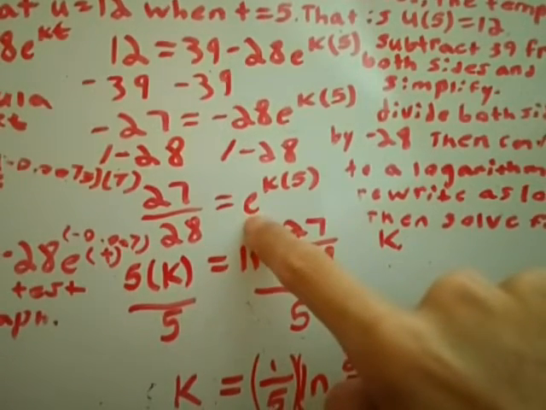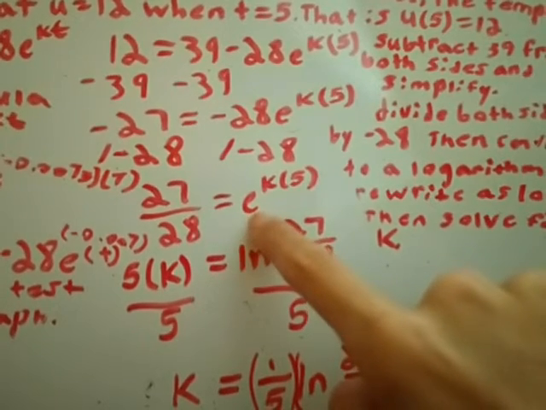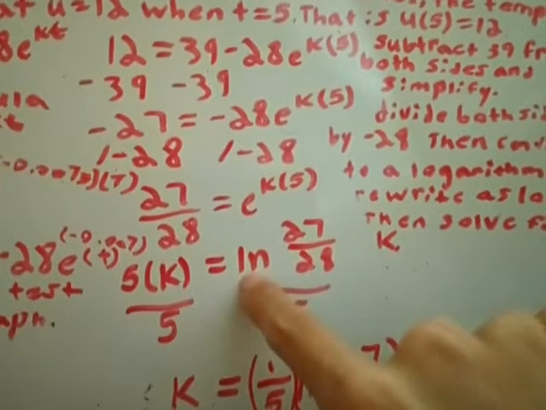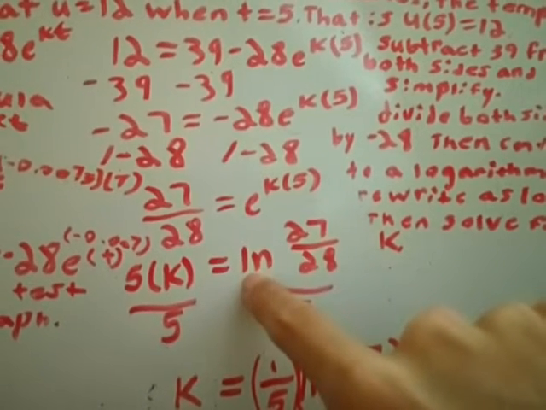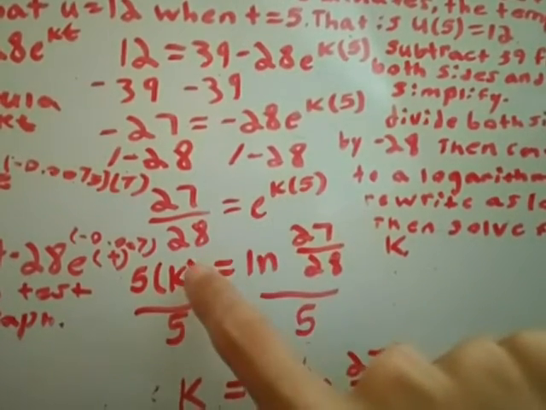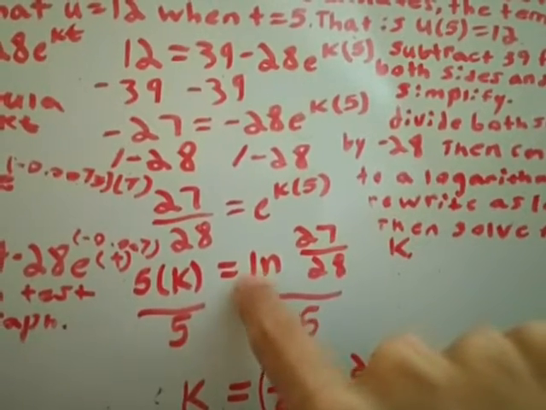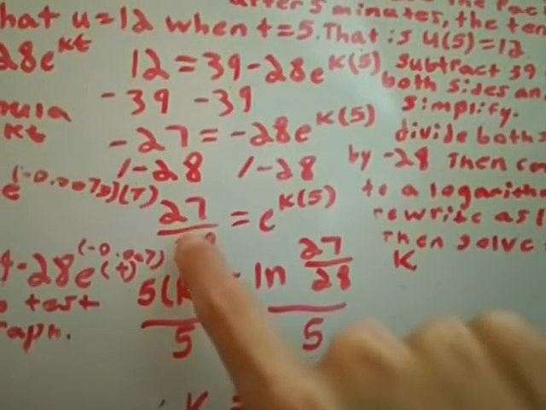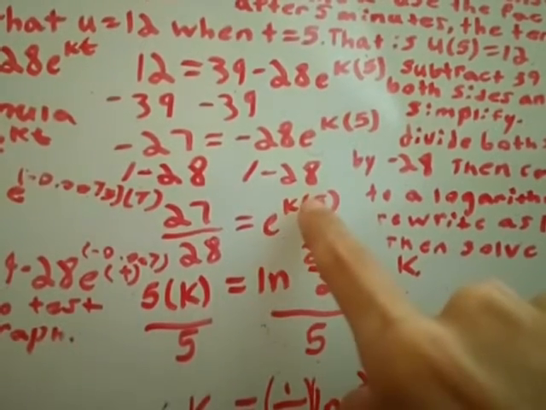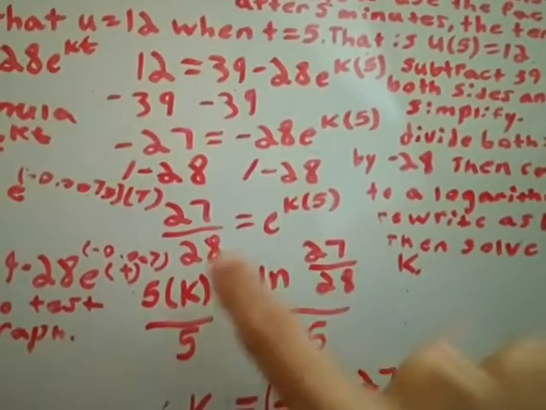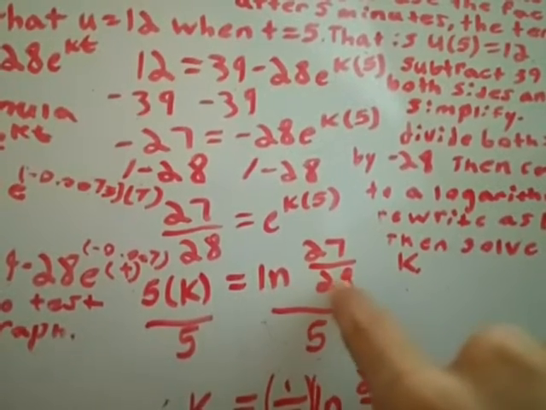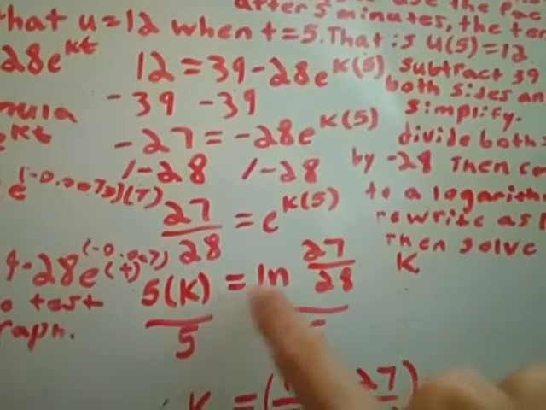Since e is the base, I write ln, the natural log. So e raised to the 5k power equals 27/28 means that 5k equals ln of 27/28, the natural log of 27/28.